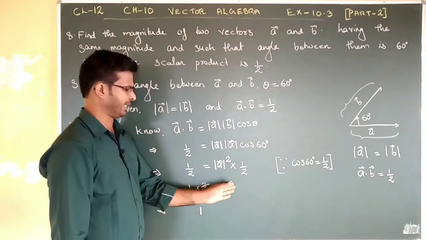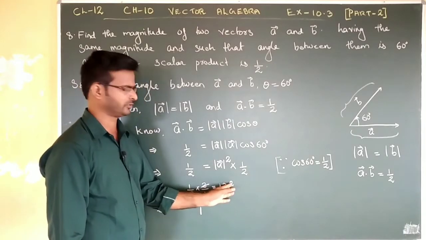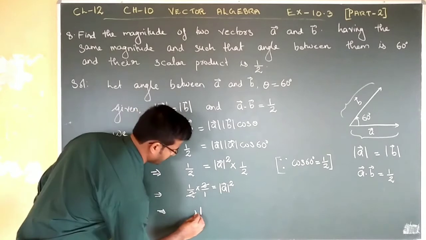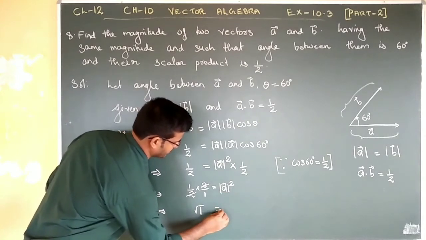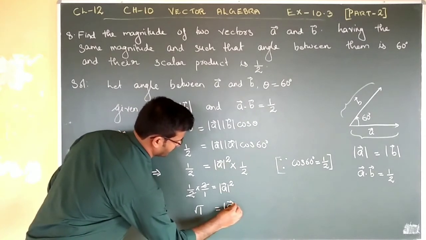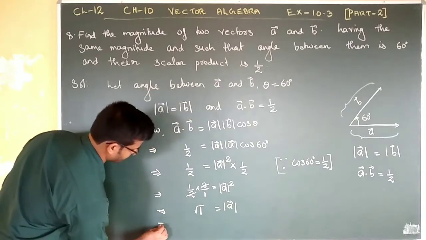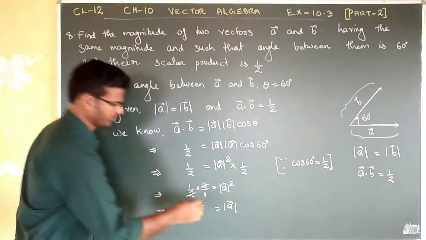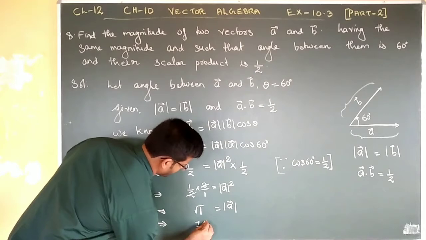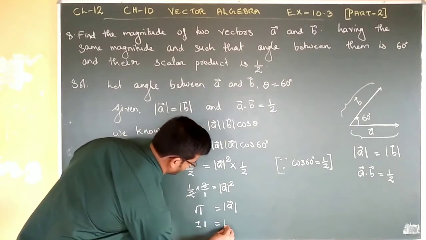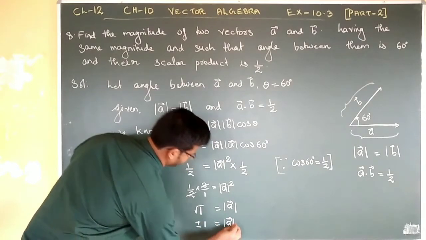Now on the right side we see the square; bringing that square to the left side gives the square root. Square root of 1 is plus or minus 1 equal to magnitude of A vector.